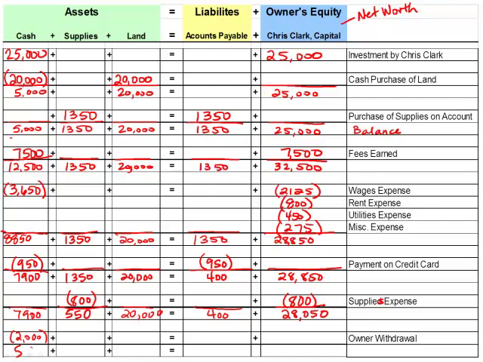So he's got $5,900. Still got the supplies and the land. Still owe the debt. Oops, we need to take out $2,000 over here. So now we've got $26,050. So his net worth went down because he took out money.